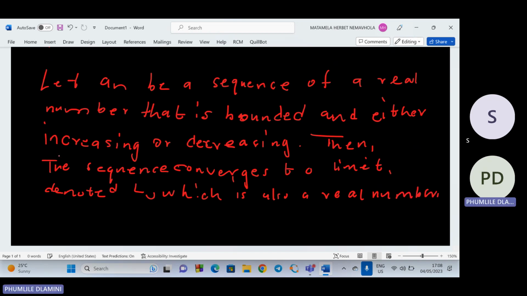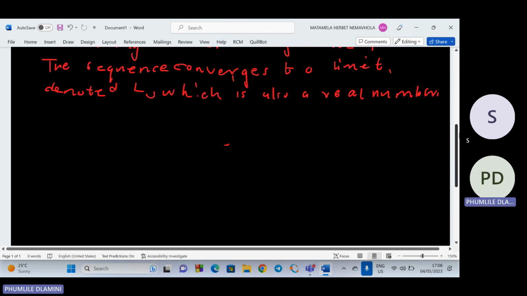So this is the definition of the monotonic convergence theorem.